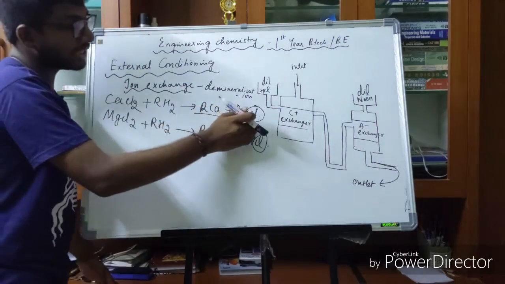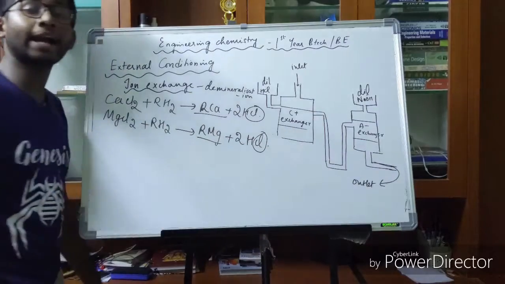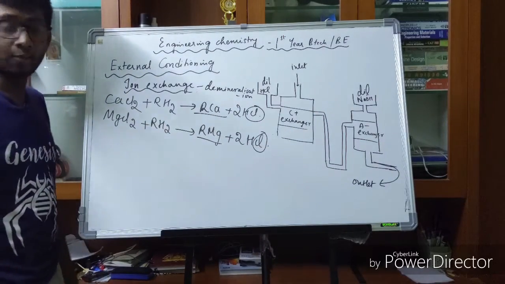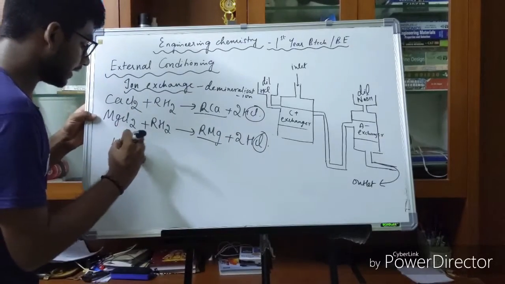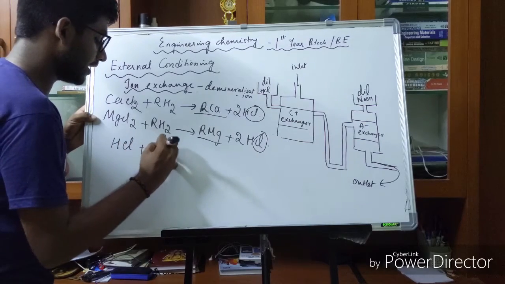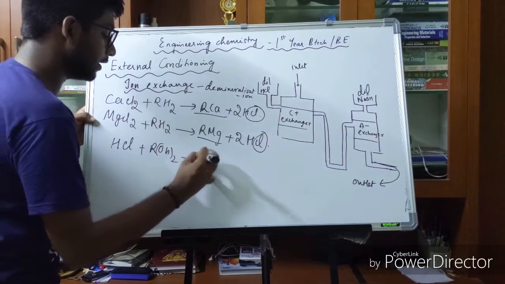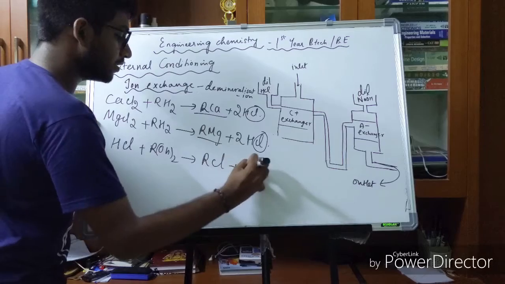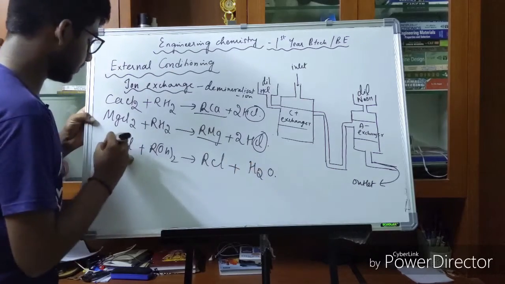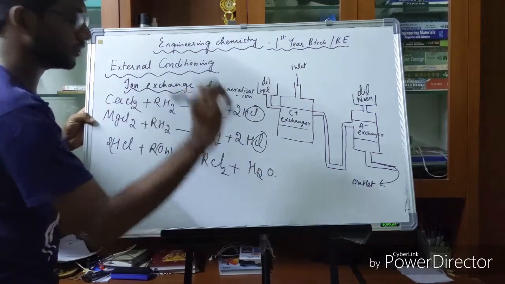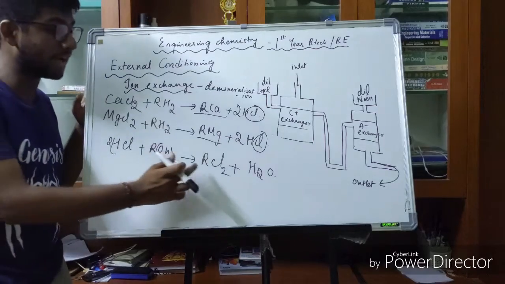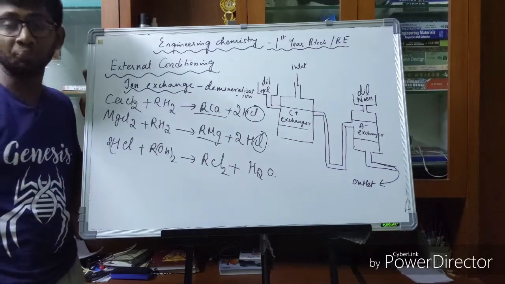This must pass through the setup and enter the anion exchanger so that the chlorine is removed. So let's take HCl, and it will combine with ROH twice, and you'll be getting RCl, and you'll be getting H2O. So if you put 2HCl, you have to put RCl2 here as well, because the valency of R is 2.